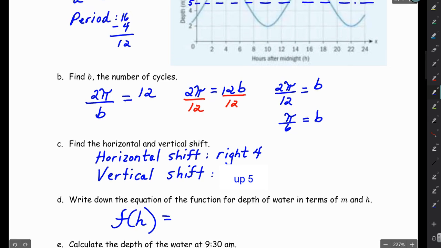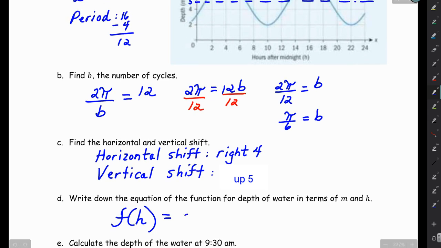We know that our amplitude of our function is 3. It's a cosine curve. The value of b is pi over 6. We're moving our graph right 4, so that means we're going to have h minus 4 in the parentheses, and the whole graph is being moved up 5.